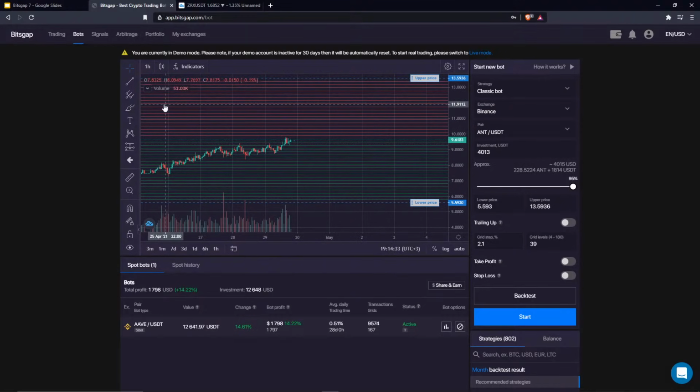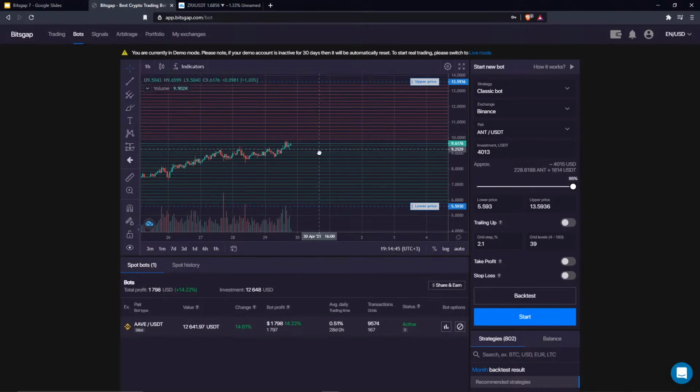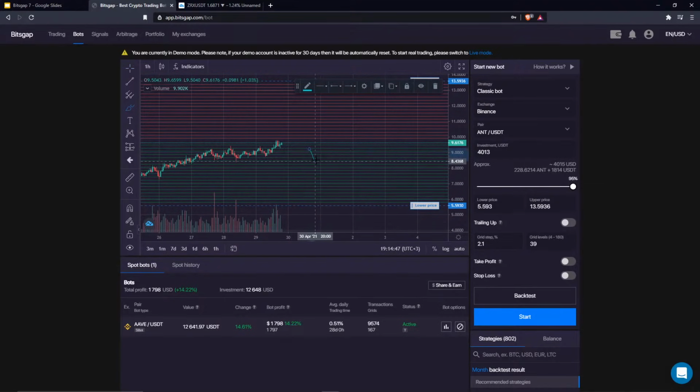For example, it buys only 10 coins regardless of the price. So on the downfall, it will always buy only 10 coins, 10 coins, 10 coins. Each grid level, let's assume, is exactly 10 coins.